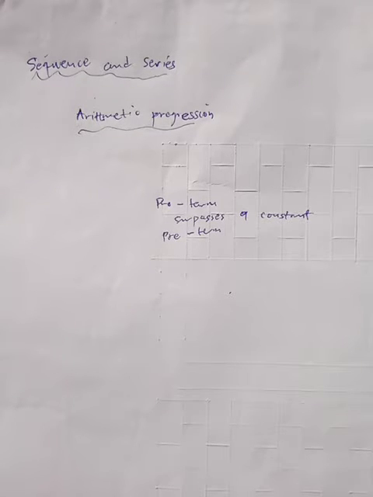So what do we say about that one too? We can say it is a sequence whose proceeding term is less than the preceding term by a particular constant.